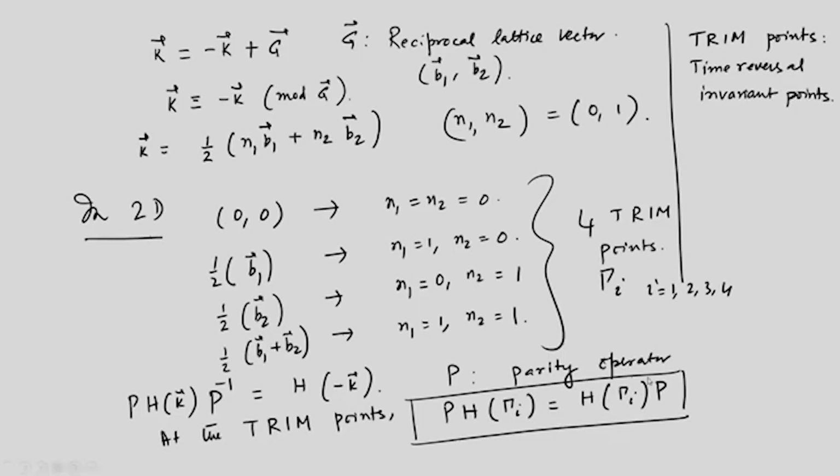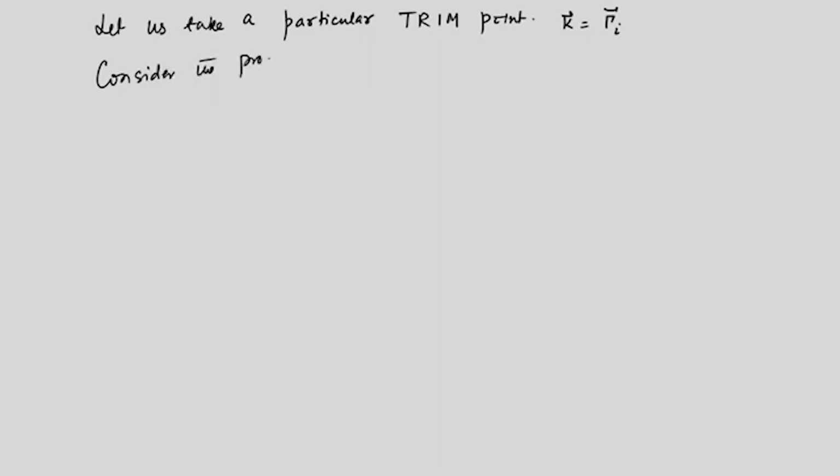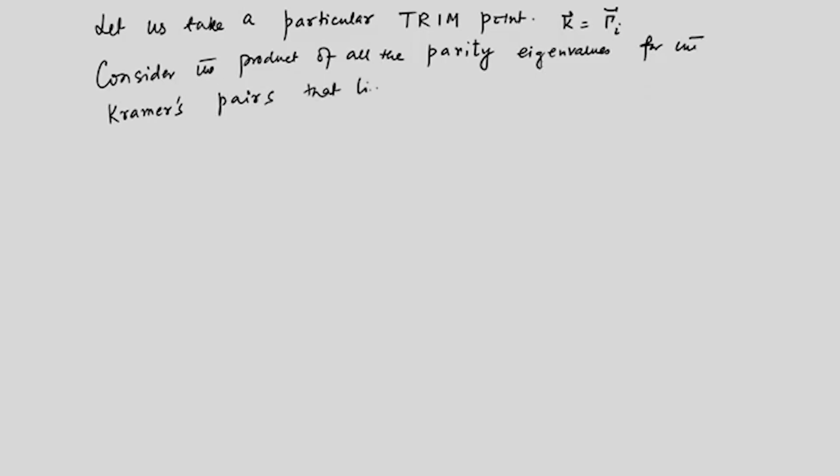Okay. Now let us take one TRIM point, which means let us take k equal to one of the 4 TRIM points, and we consider the product of all the parity eigenvalues for the Kramers pairs that lie below the Fermi energy.